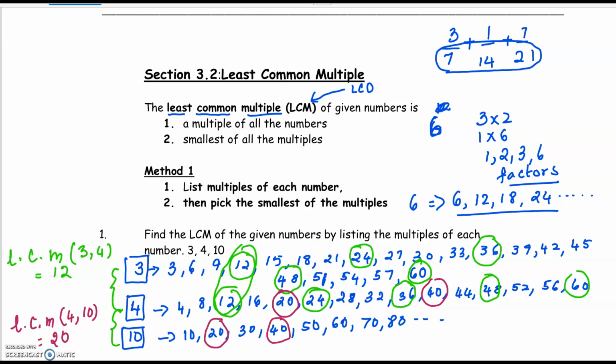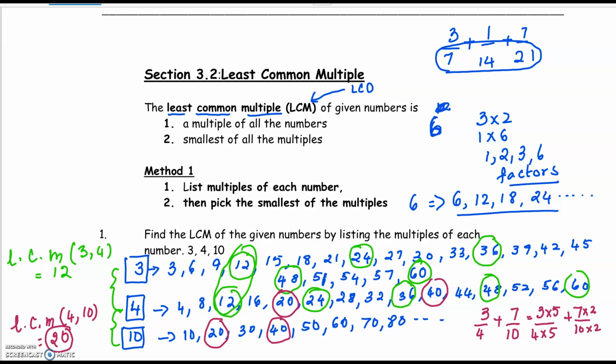So for example, if I had to add 3/4 plus 7/10, then I'd be looking for a common denominator, which is the least common multiple of 4 and 10, which is 20. So this is what I'm going to do. I multiply the numerator with a 5 and the denominator with a 5, plus 7 multiply the numerator with a 2 and the denominator with a 2.